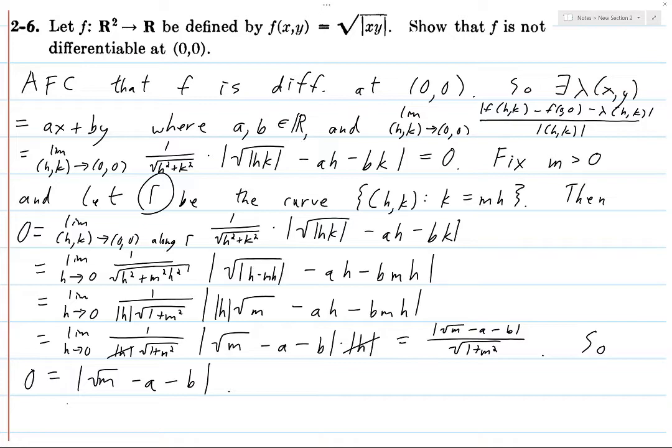However, just for the sake of being a little bit more detailed, I'll actually go through and get an actual contradiction here. Let's see here.